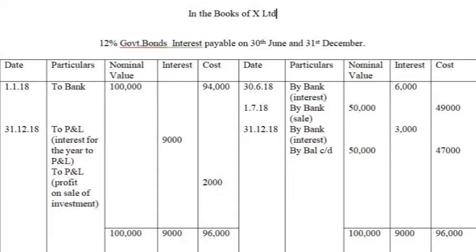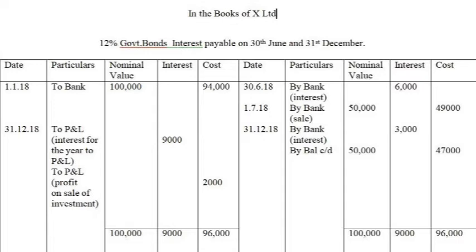Then on 31st December 2018, received interest, bank account debtor to interest 3,000. We post this journal entry on the credit side of our investment account, 31st December 2018 by bank. On interest column we write 3,000.